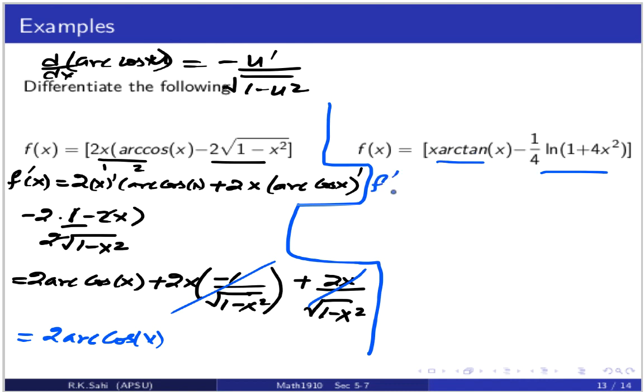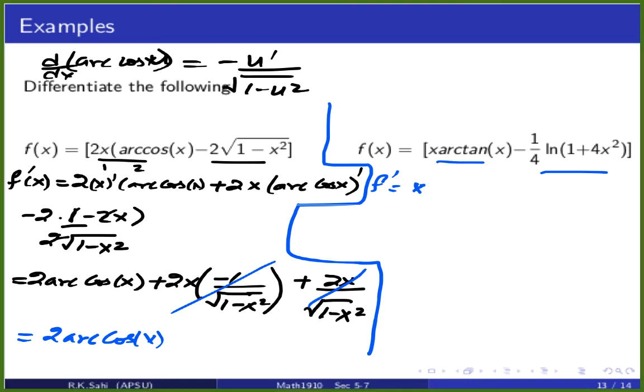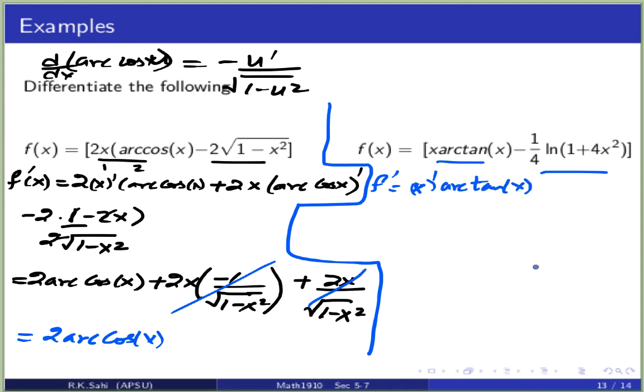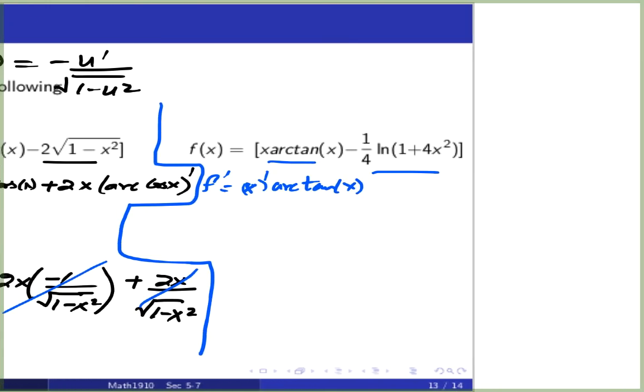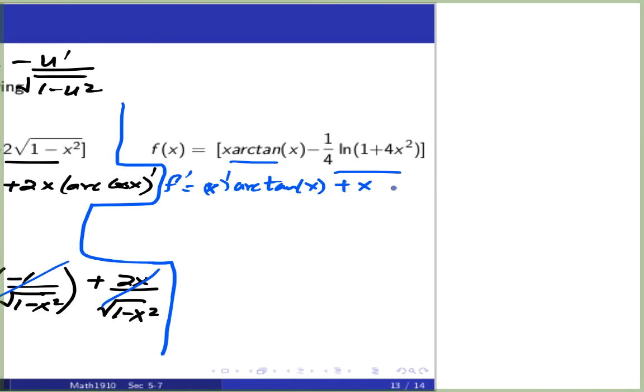Now f prime of x is going to be x prime arc tangent x. So remember it's the product rule first, plus x times the differential of arc tangent x.